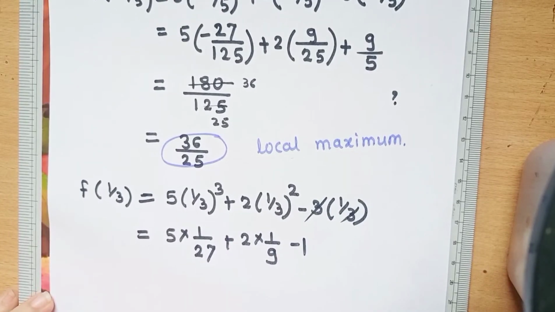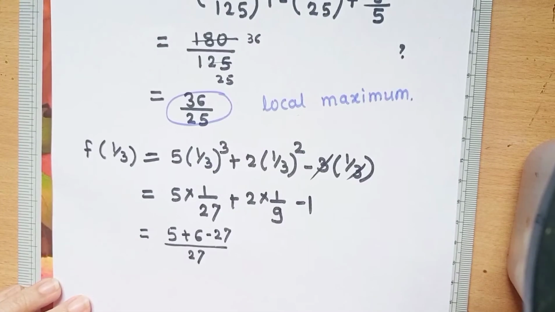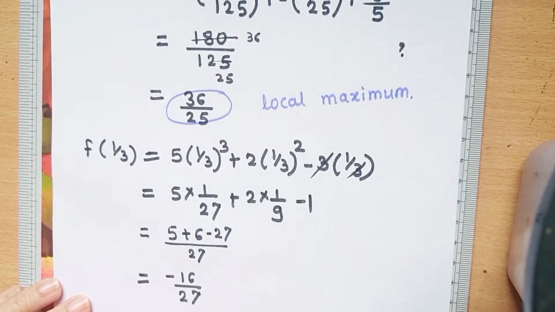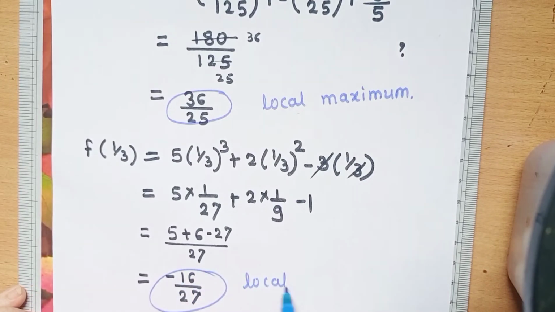Again on simplifying this, the final answer is minus 16 upon 27. This is called the local minimum.